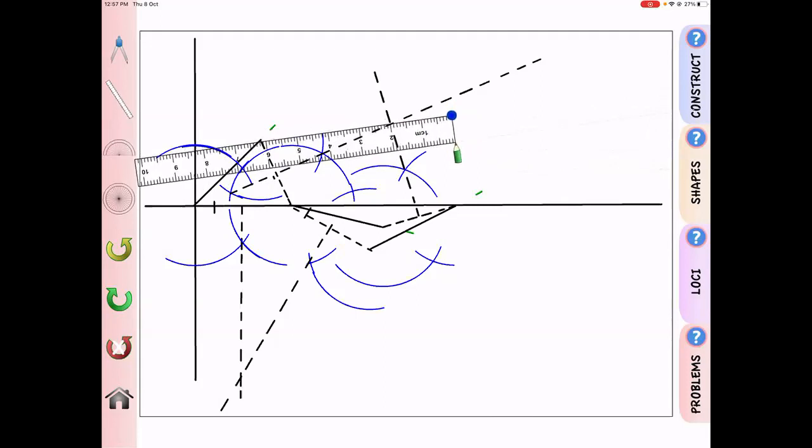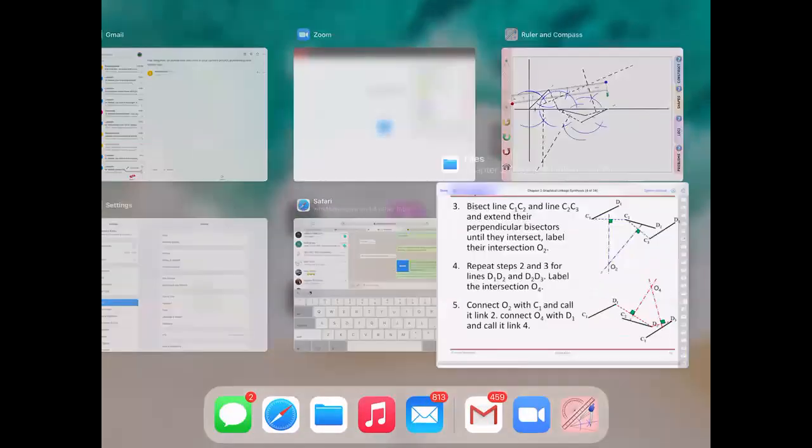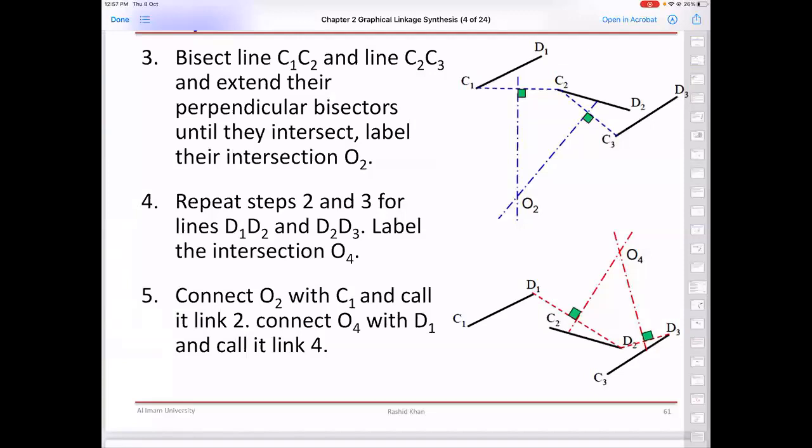Yeah. So it is approximately 10, 20, 30, 40, 42. Okay. So L4 is 42. Okay. Is it clear till now? The drawing was simple actually. Okay.